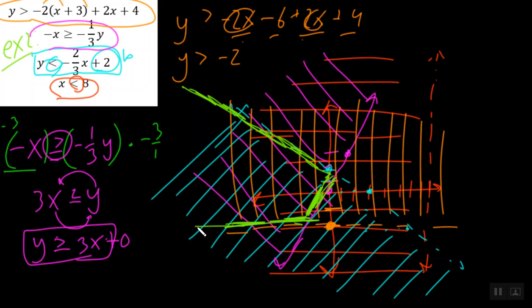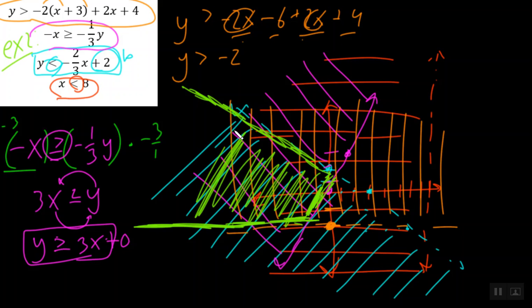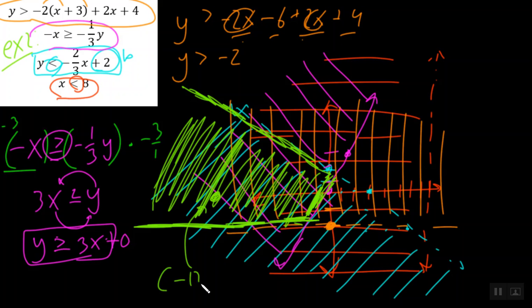As this region expands this way, anything that falls in this four-colored shaded region is where all of our solutions lie. For example, if you wanted to go way over here, we could call this point negative 12 comma 0. That would definitely be a solution.